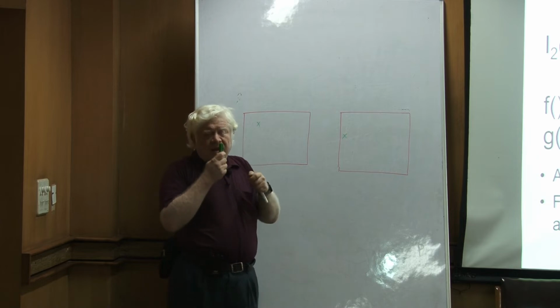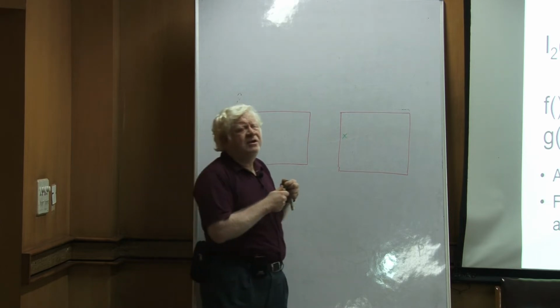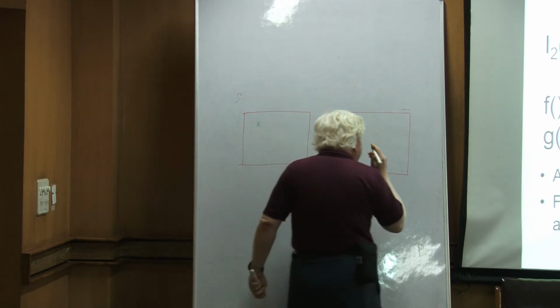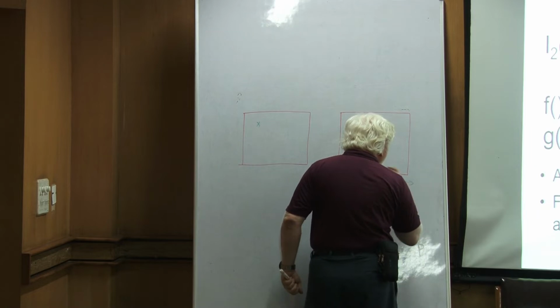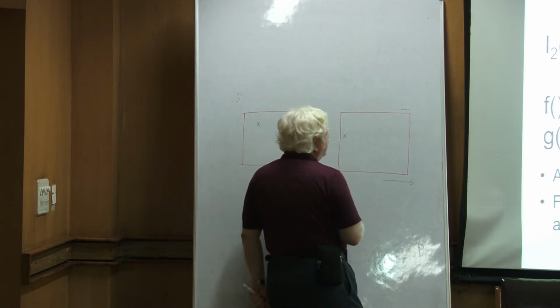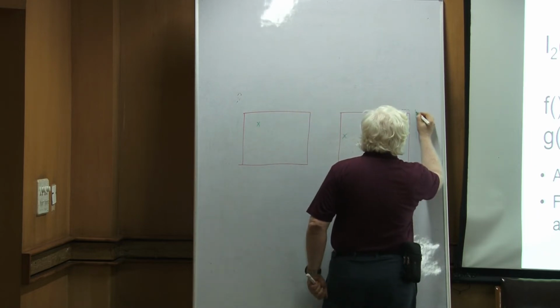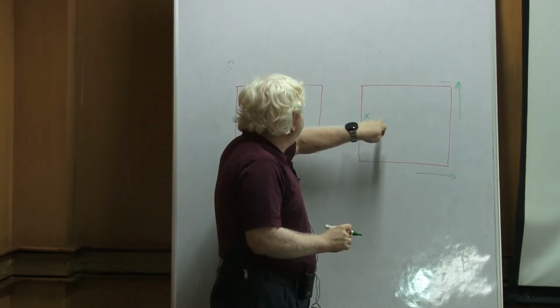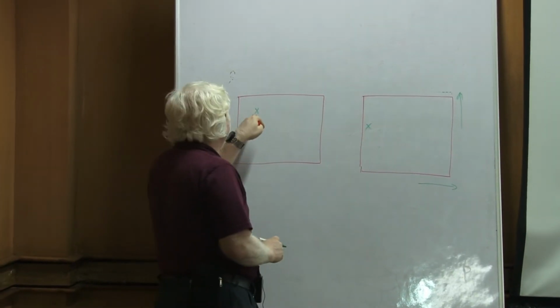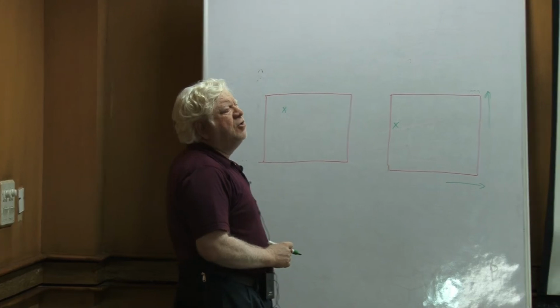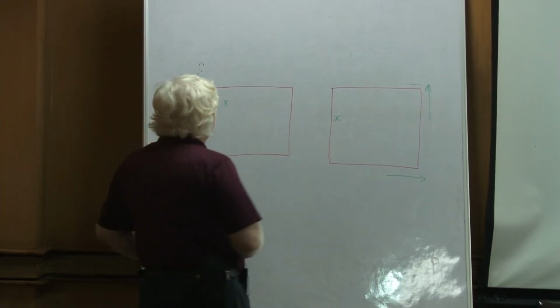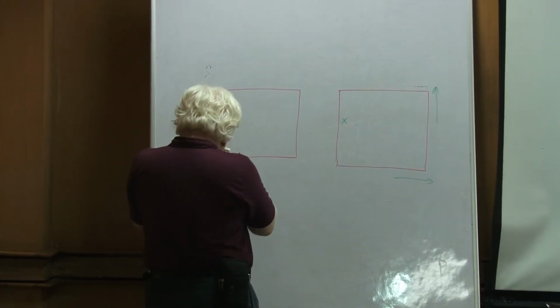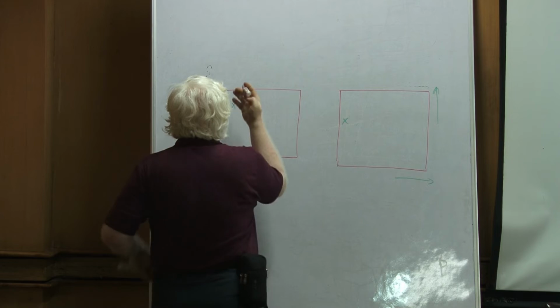Basically, I want to find out whether a certain horizontal movement of this frame coupled with a vertical movement of this frame can make me match up this point with this point. And you can see that it is true. I just have to draw this frame on top of this frame like this.